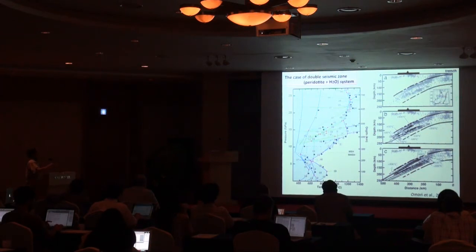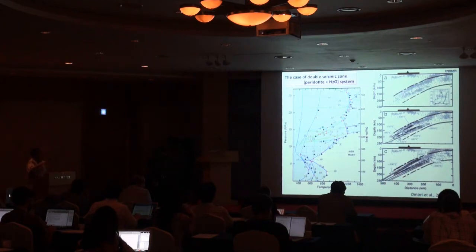This distribution of hypocenters can be explained by the dehydration reactions in the peridotite plus water system. This is a phase diagram for this system in temperature and pressure, and the blue lines show the dehydration reactions.